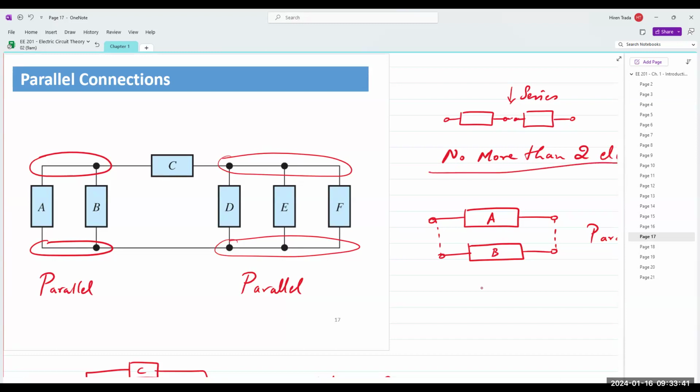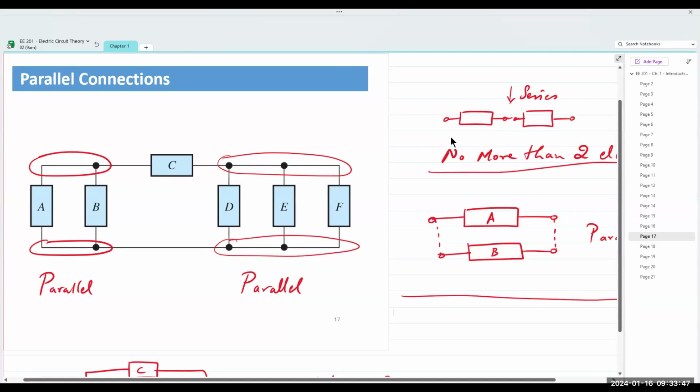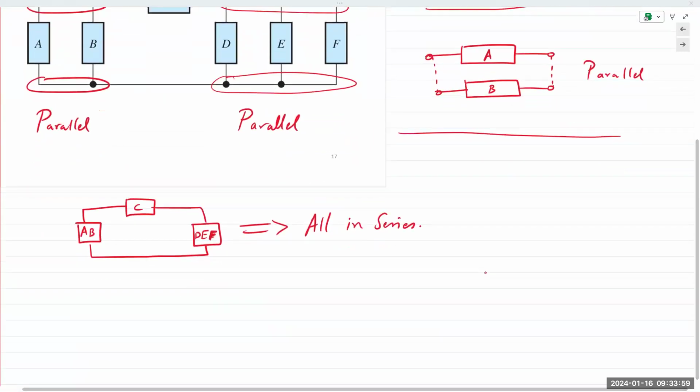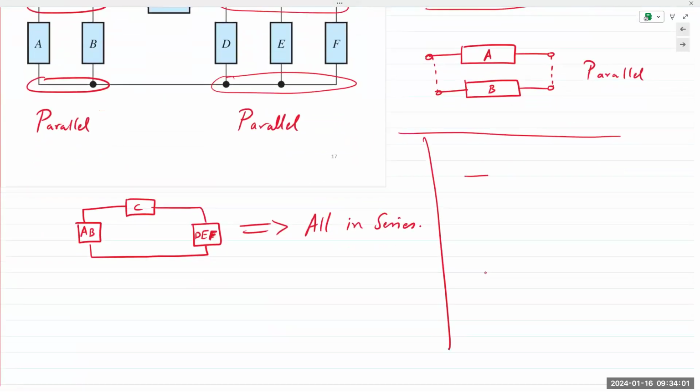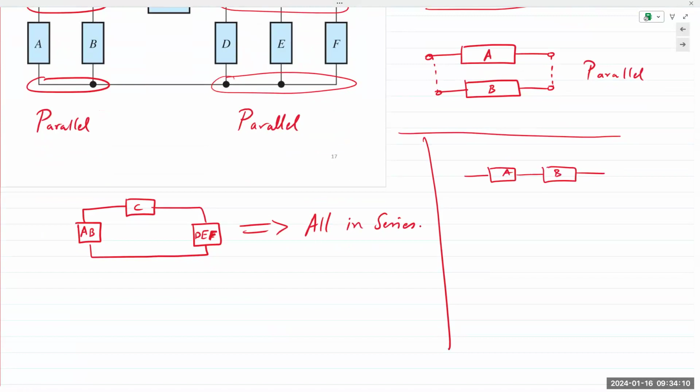Okay, so for example, let's make this bigger. So if you have two elements like this, A and B, we say are in series.